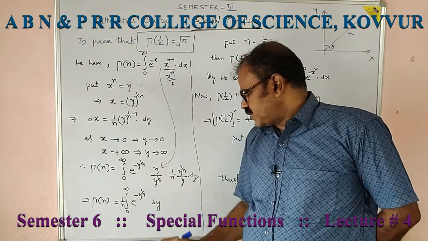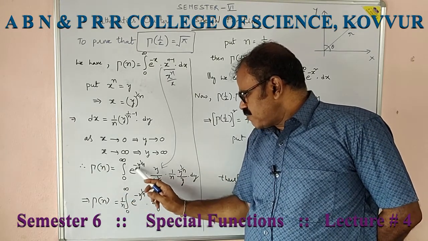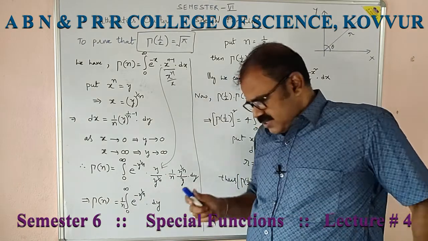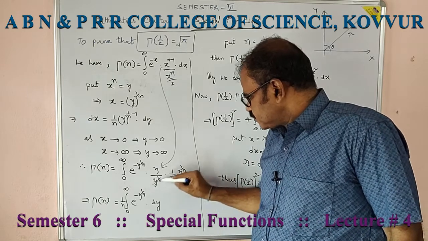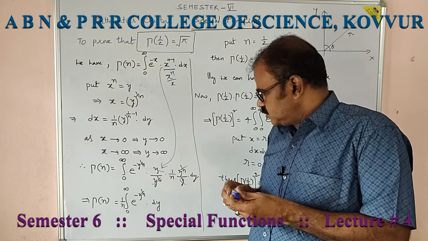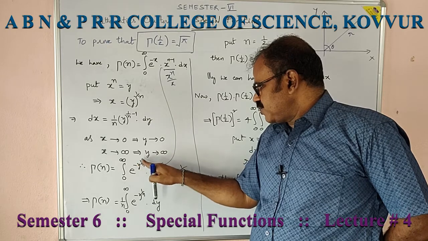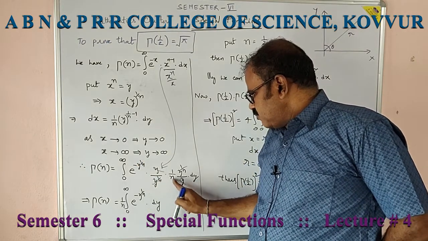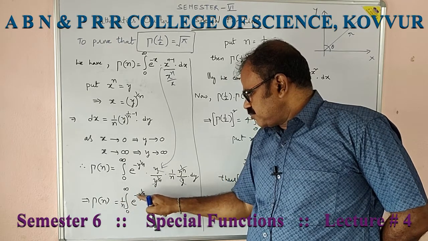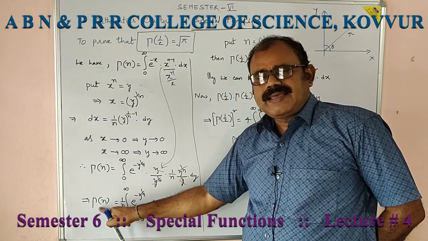Therefore, gamma n is equal to 1 by n integral 0 to infinity e to the power of minus y whole to the power of 1 by n dy, and 1 by n is a constant. That's the value of gamma n.